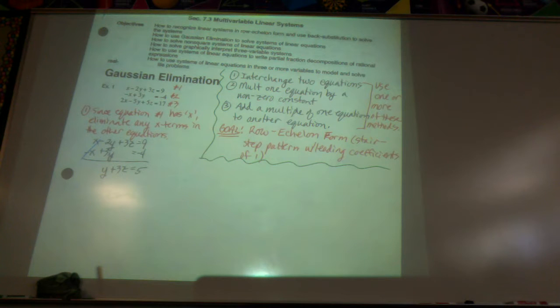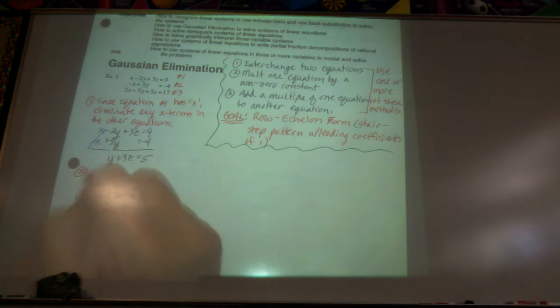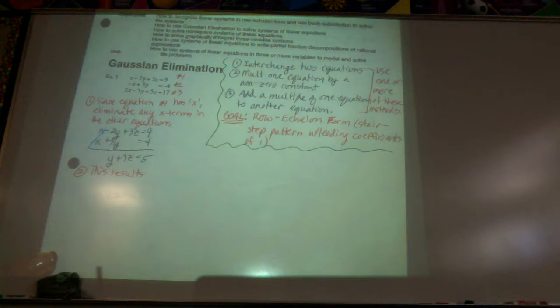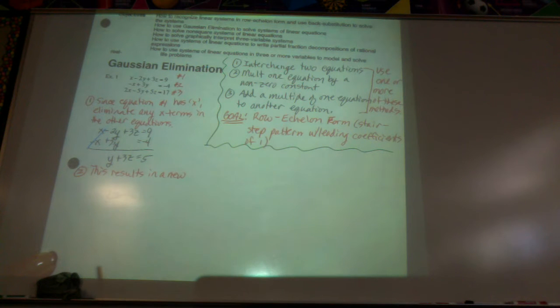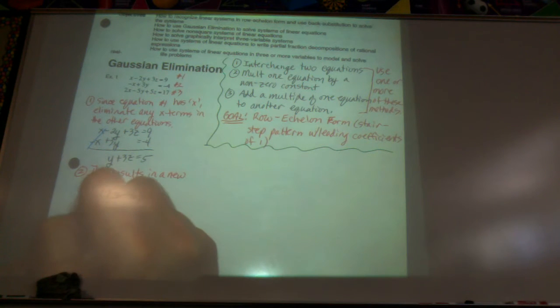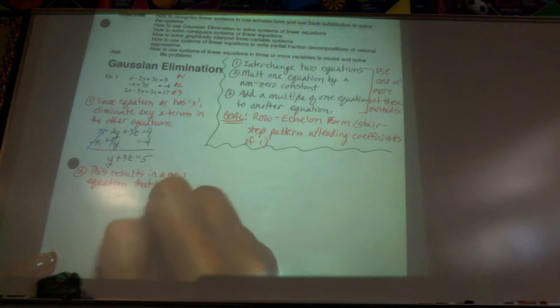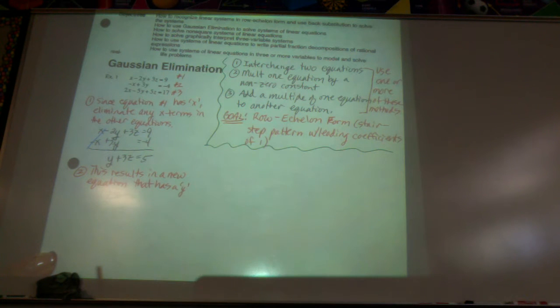So step 2, or note 2, this results in a new equation that has a y and no x term, which is what we want.